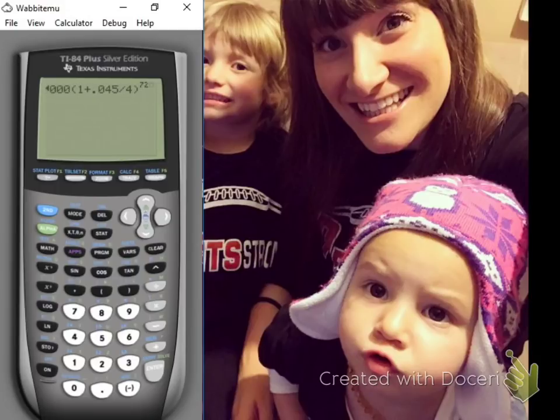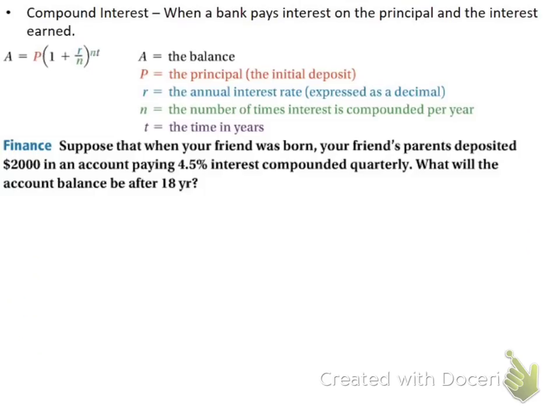Just like that. So that's the way I should plug it in. I don't need any additional parentheses or anything. Just like that is good. And so I get $4,475.53. So my answer for this ends up giving me $4,475.53.